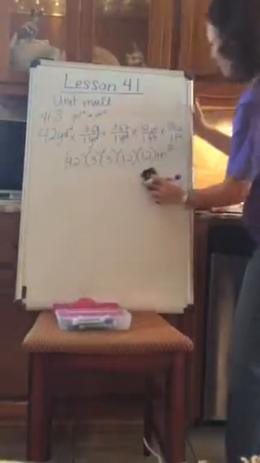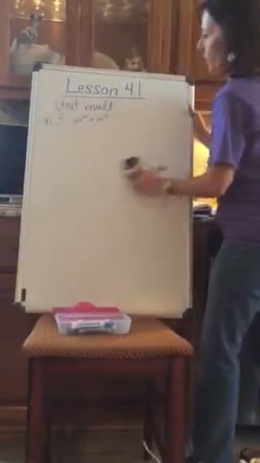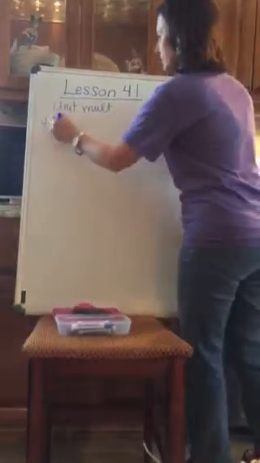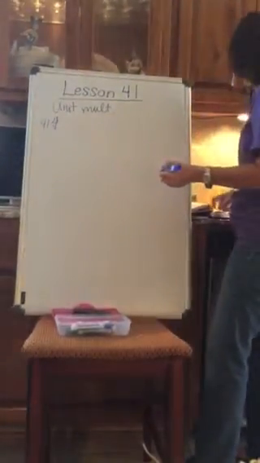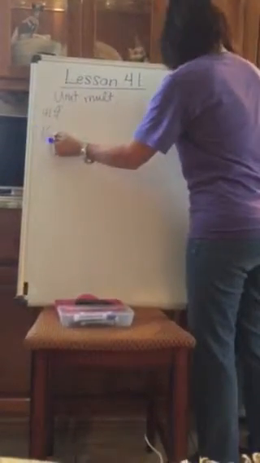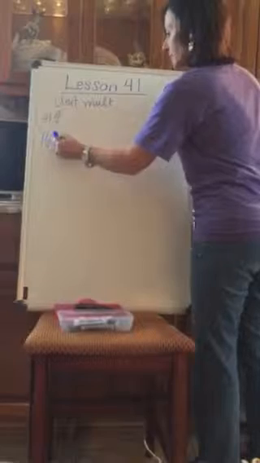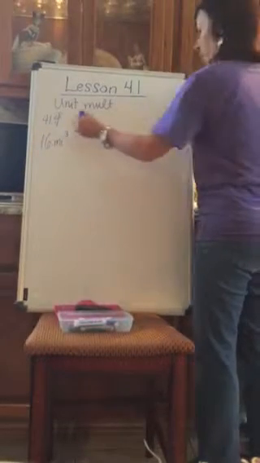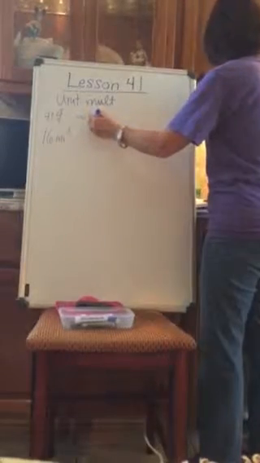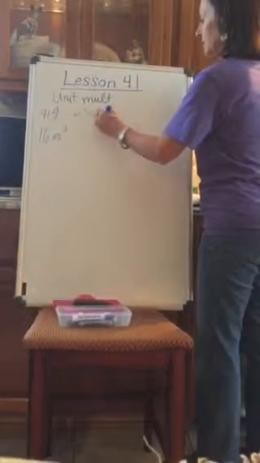All right, one more problem, and it's 41-4. 41-4 says we're going to convert 16 cubic miles. So that's miles cubed. So we're going from miles cubed to inches cubed.